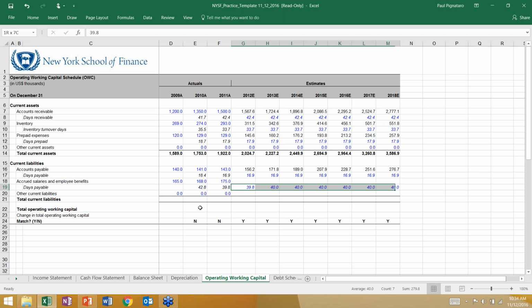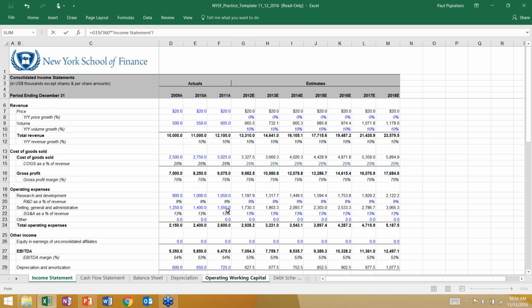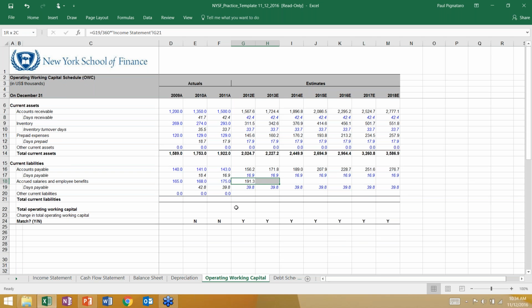We're going to use 39.8, and we're going to reverse engineer: 39.8 divided by 360 times SG&A. Okay? Copy this to the right. Add total current liabilities. Okay? I'm going to pause for a minute or two so you guys can get caught up here.